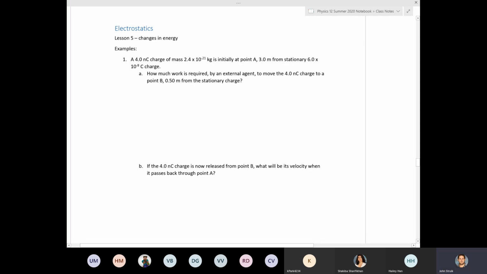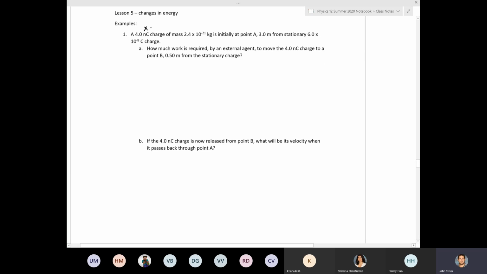A 4 nanocoulomb, so nano is times 10 to the negative 9, and mass initially at point A, 3 meters from a stationary charge. How much work is required by an external agent to move the charge to a point B? So let's say we have our 6 times 10 to the negative 8 coulomb charge right here.